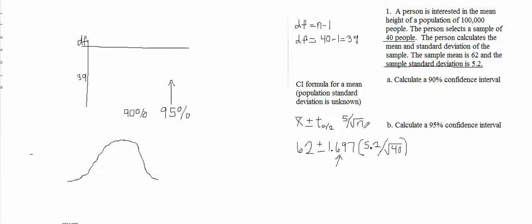And since it throws off the margin of error, you risk the possibility of it ruining the confidence interval, meaning you risk the possibility that the confidence interval will no longer include the population mean.